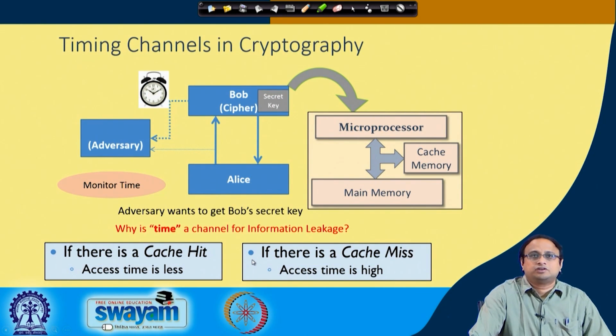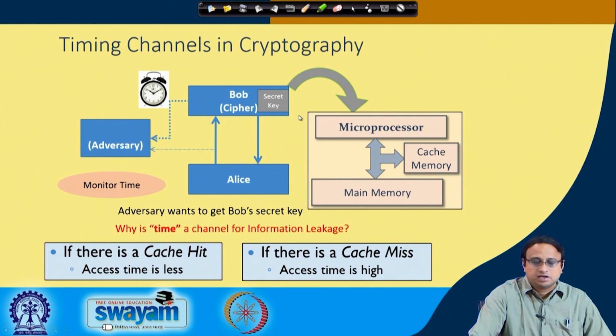So if we take a look and try to understand why cache memories create a timing channel in cryptography, let us illustrate this with this diagram. You can see there are again the two members, Alice and Bob, who are participating in a communication where Bob is using a cipher, and because of that he uses a secret key.